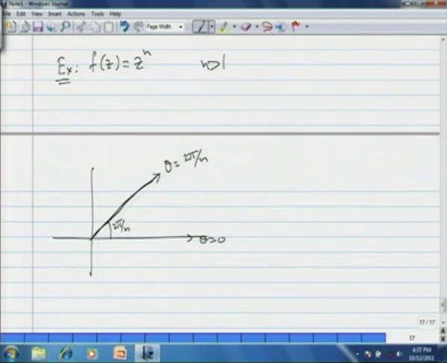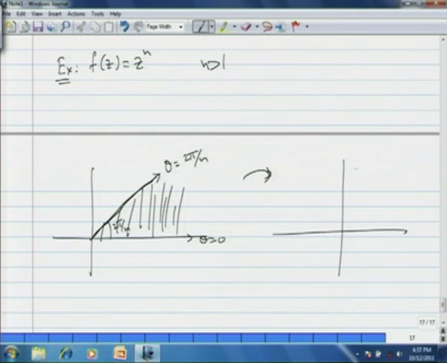This function takes all the points between these two infinite rays, including the rays, and sends it to all of the complex plane. So, essentially any complex number in the codomain or the range has one pre-image in this infinite wedge. That is how we visualize this function f of z equals z power n.